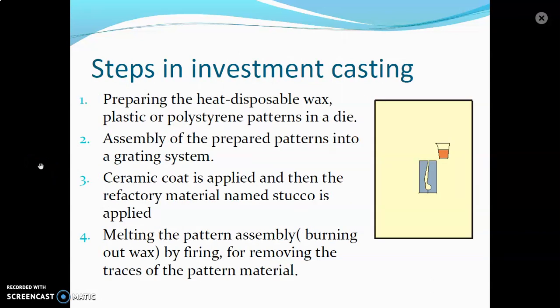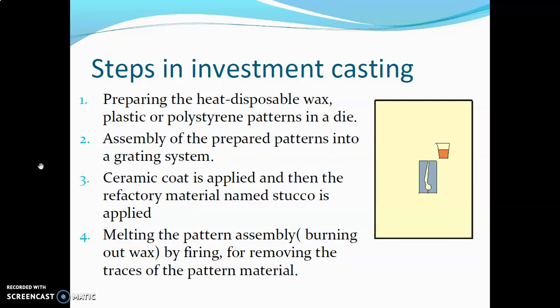The steps involved in investment casting are: preparing the heat disposable wax, plastic or polystyrene pattern in the die, assembly of the prepared pattern in the gating system, a ceramic coat is applied, and then the refractory material named stucco is applied.